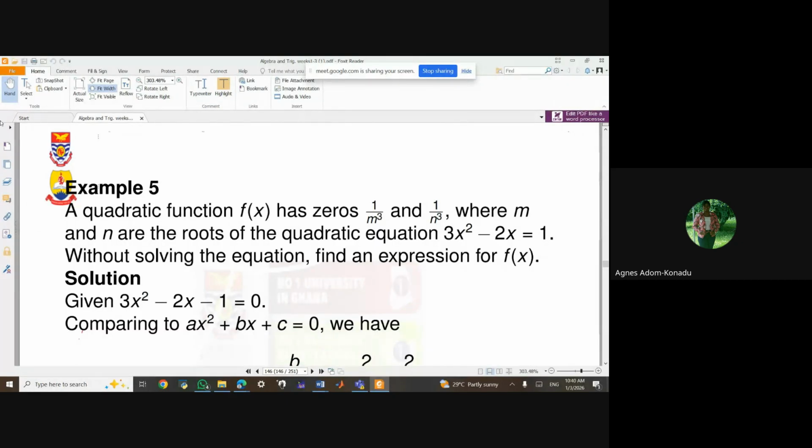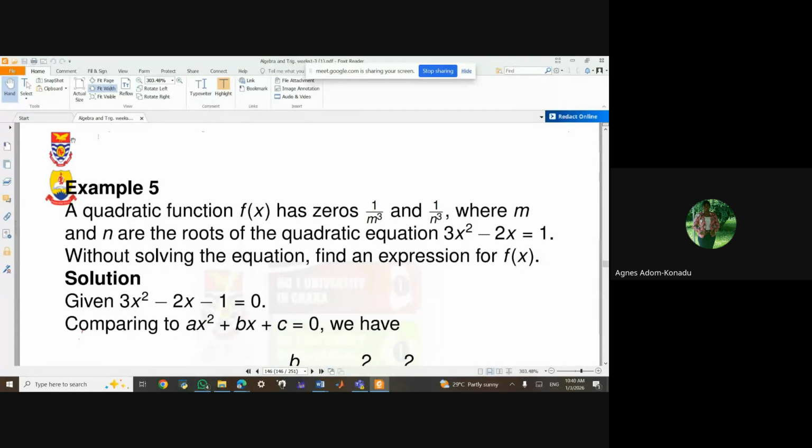There's another one. It says that a quadratic function has the zeros to be 1 over m cubed and 1 over n cubed, where m and n are the roots of this quadratic function. It says, without solving the equation, find an expression for f of x.